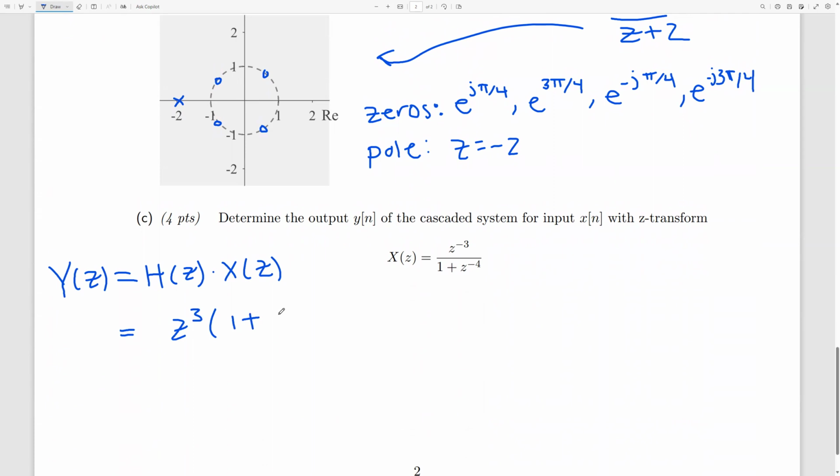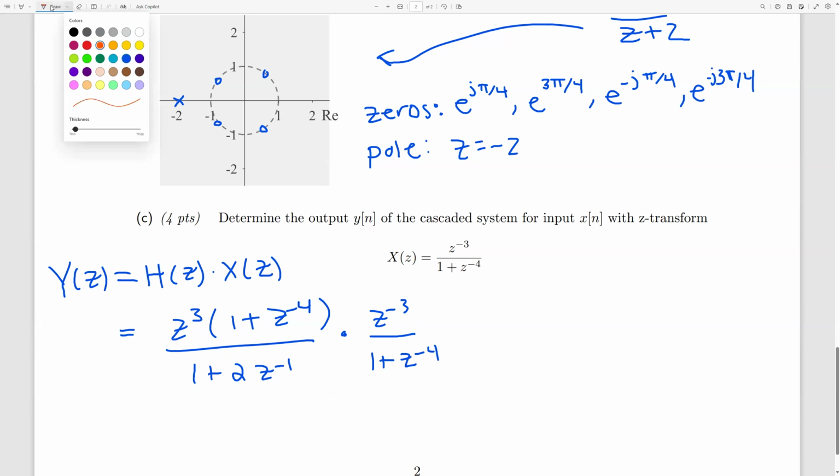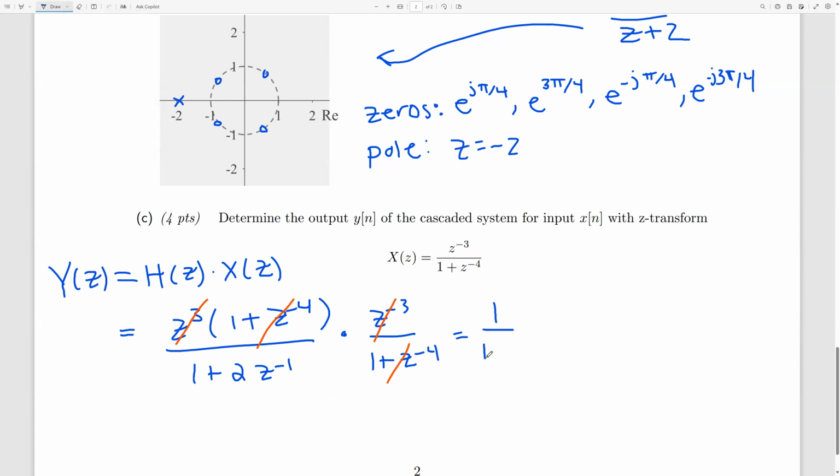If you take z cubed times 1 plus z to the negative 4 over 1 plus 2z to the negative 1, and multiply this by z to the negative 3 over 1 plus z to the negative 4, the question is well built to just let everything cancel. So this cancels, this cancels, and you're just left with 1 over 1 plus 2z to the negative 1.